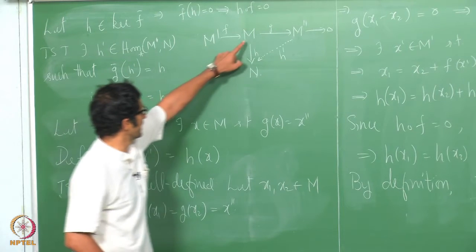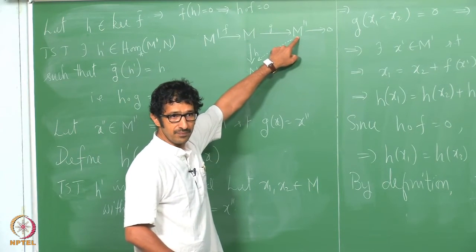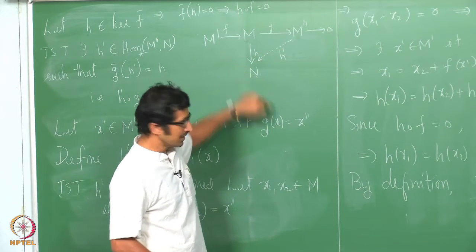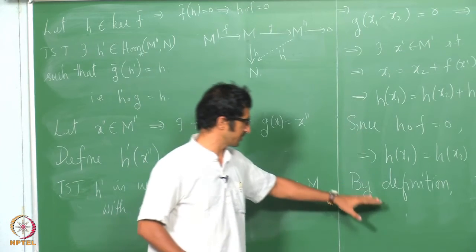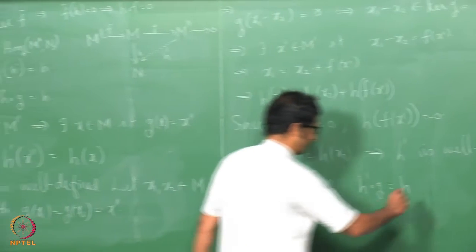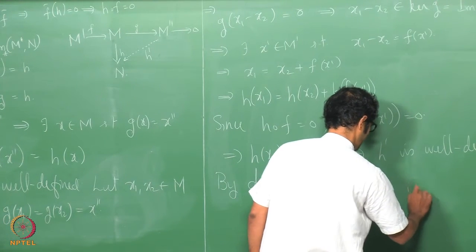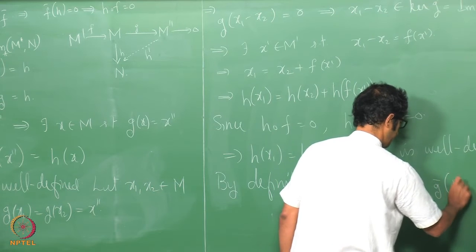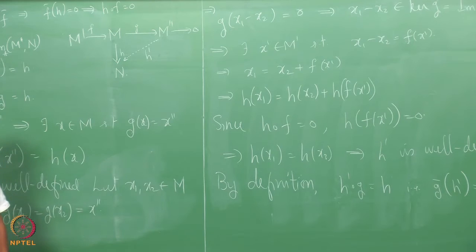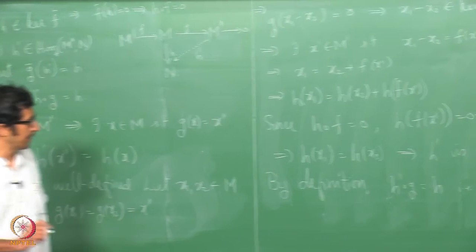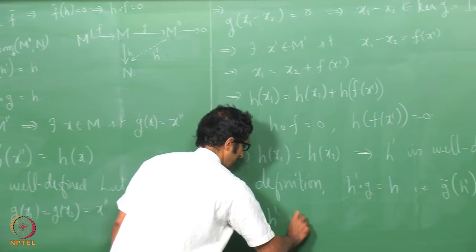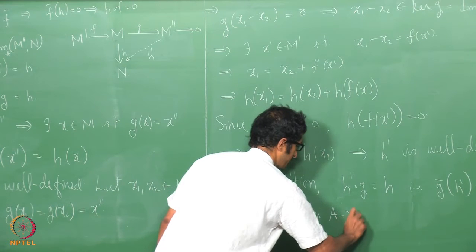If I take any element here, go here, then this is by definition we have defined it that way. So, therefore, or by construction whatever you say, H prime composite G is H, or in other words G bar of H prime is H. But still we need to show that H prime is an A module homomorphism.